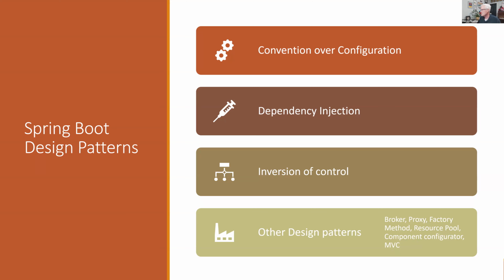And that's the same concept with Spring Boot. Once you understand their conventions, then I can focus on what's important instead of all of the ancillary code around it. So that's one of the key patterns that's out there. The next one is dependency injection. And we're going to talk very specifically about this, but think of dependency injection as runtime injection of dependencies instead of build time.